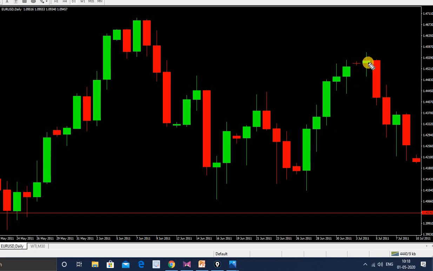How many candles are in the base? 1, 2, 3, 4. One way is to take the lowest base of all the basing candles. Over here we have 4 basing candles, and this one is the lowest base. So one line we are going to draw here, and another line will cover the highest wick.